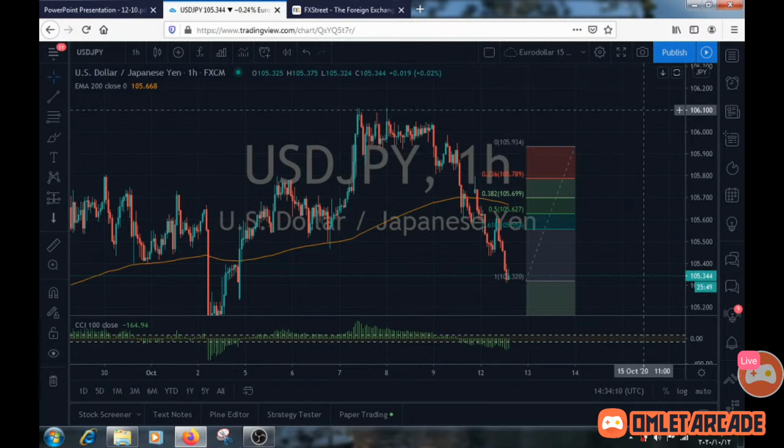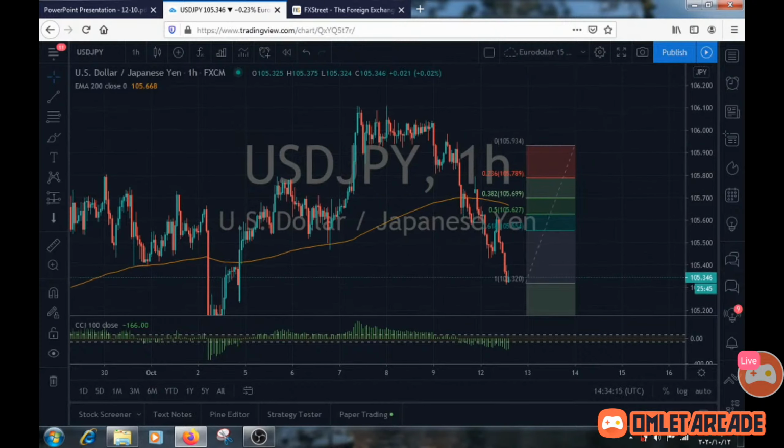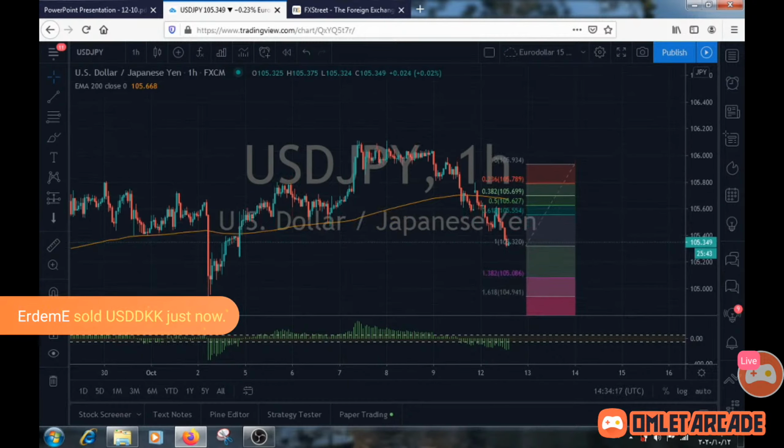The stop is 106.20, okay, your target is put to 104 and 103.9.